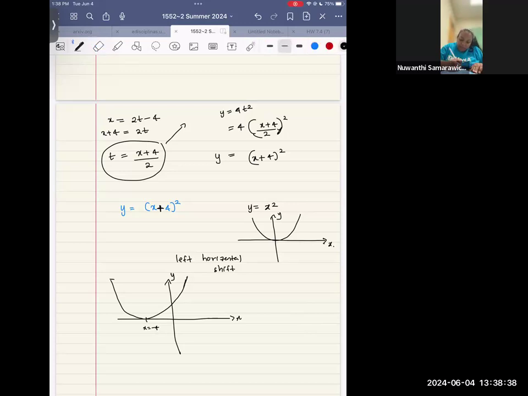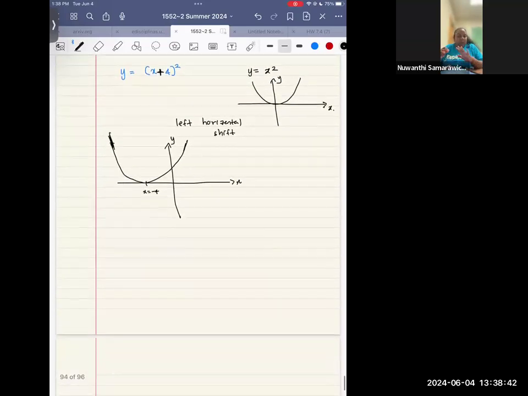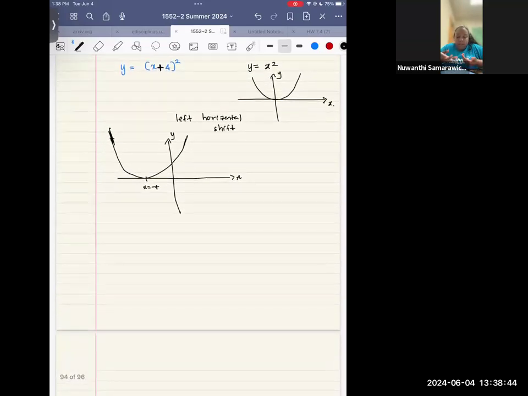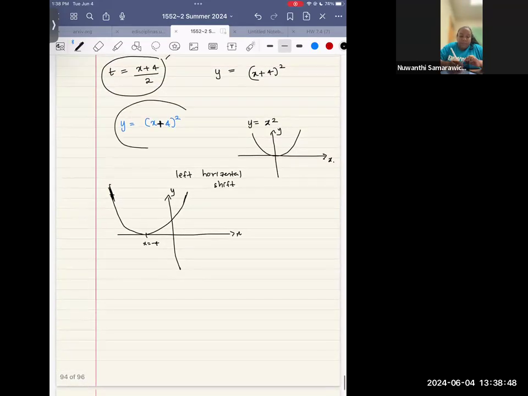But what is the difference here? Here, if you stop here, there is no difference, right? We just draw the graph of y is equal to (x plus 4) squared. But because it's a parametric equation, we need to know the direction. Okay, in which direction the particle is moving.